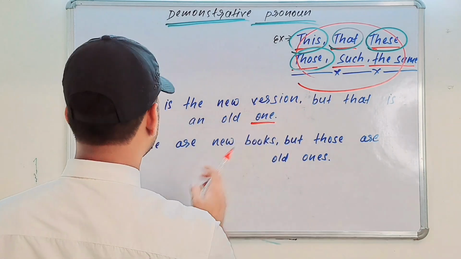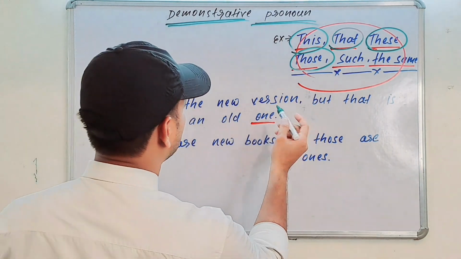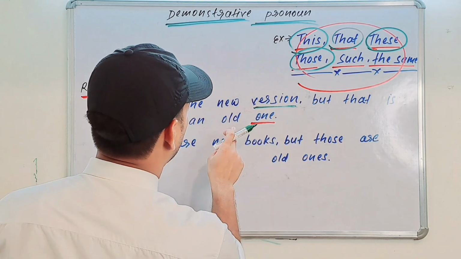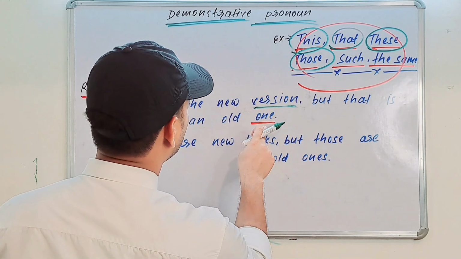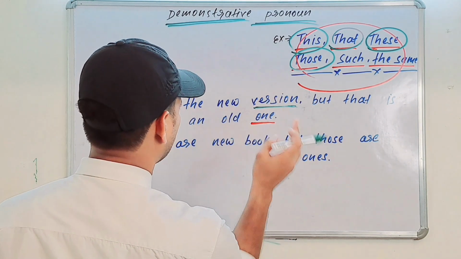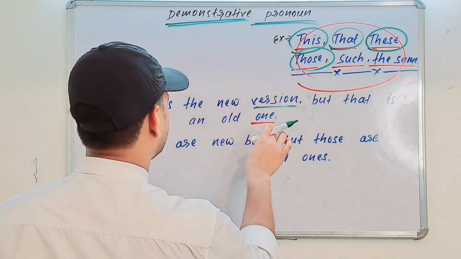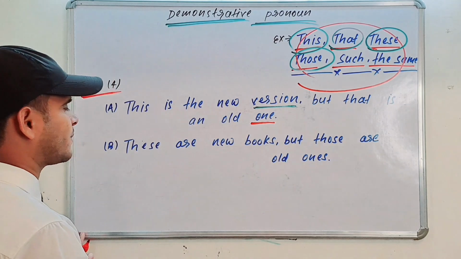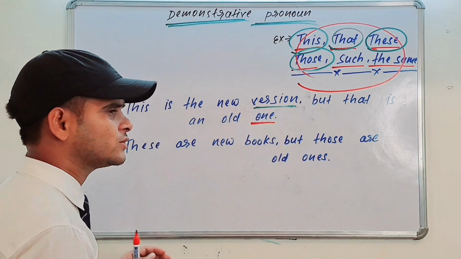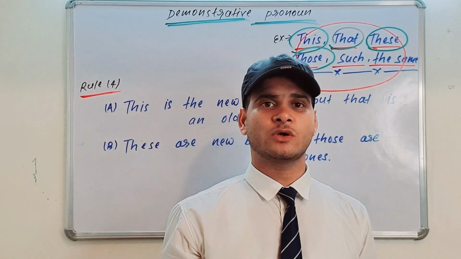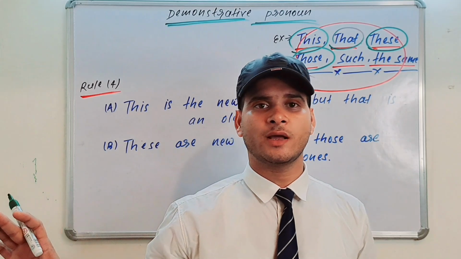This is the new version and old version. But "one" eliminates the repetitive use of "version" in a sentence. One is basically used in a sentence to eliminate the repetitive use of a singular countable noun.